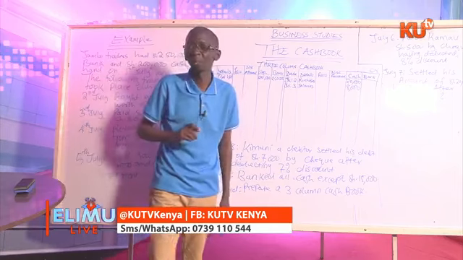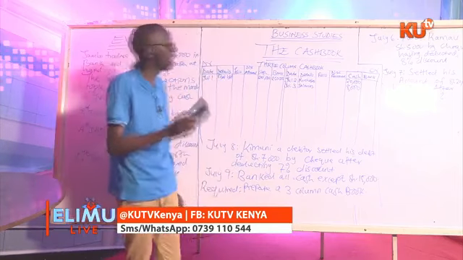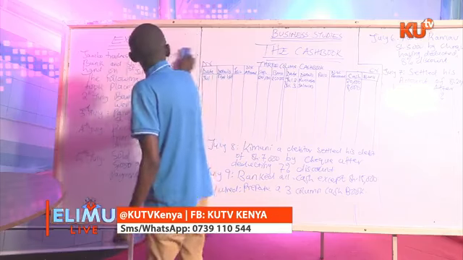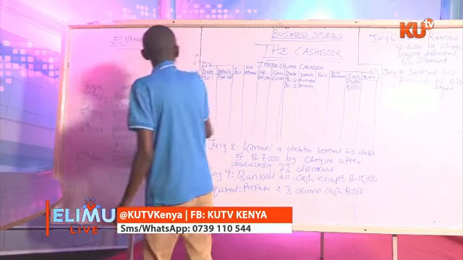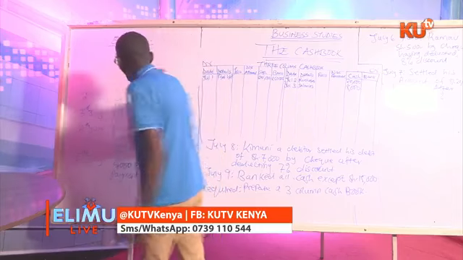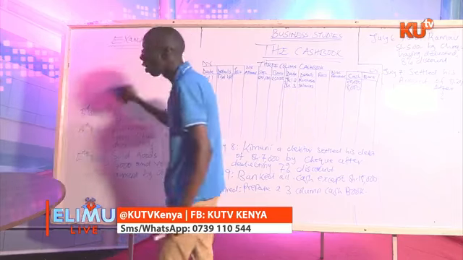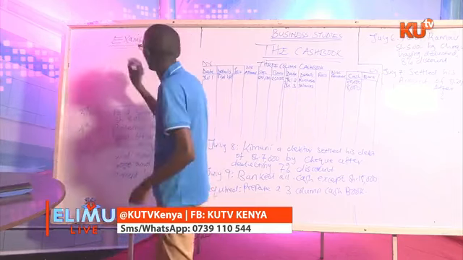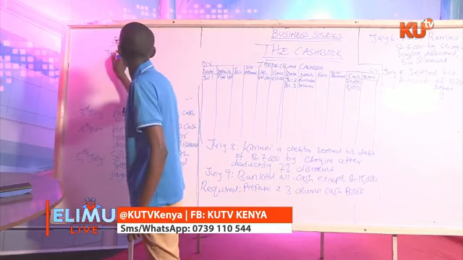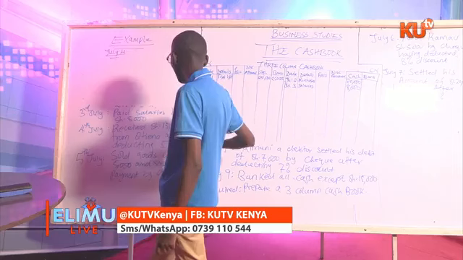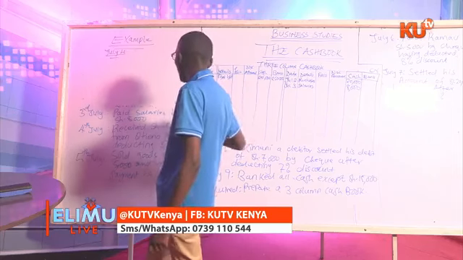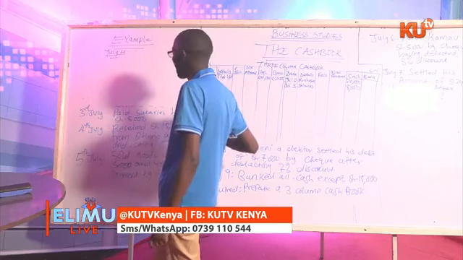July 4, received 15,000 cash from Otieno after deducting 5% discount. My dear student, this is where you need to be very keen. Let me erase this first statement because we have already done with it. We want now to do the workings for July 4. What happened in July 4? Received 15,000 cash from Otieno after deducting 5% discount.